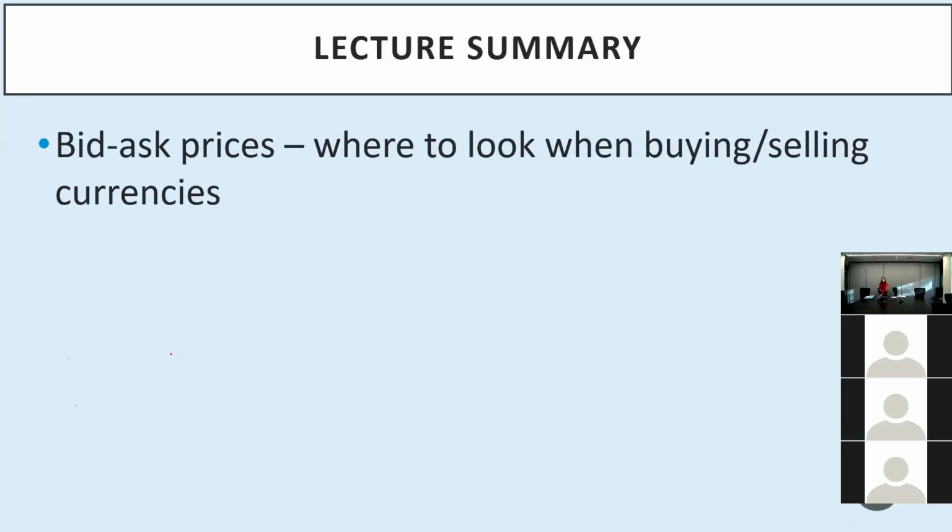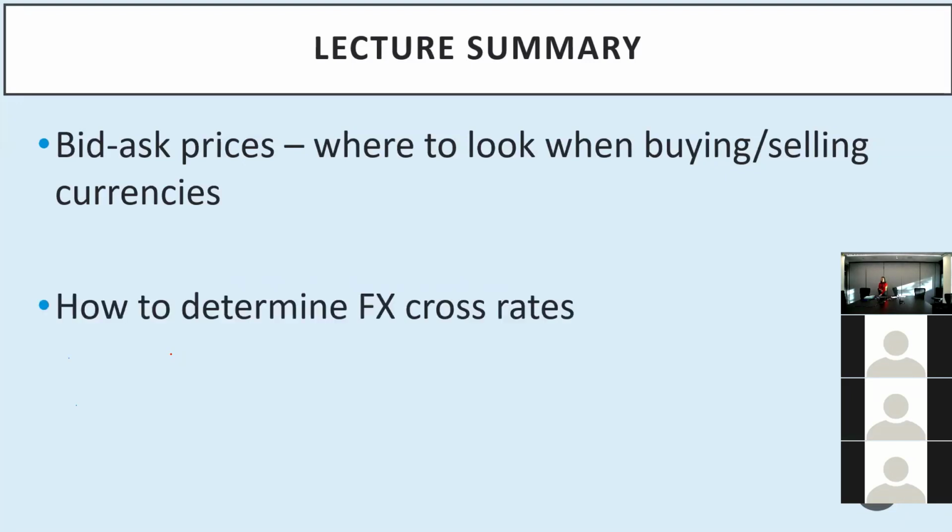So just to wrap up the lecture, today we have talked about the bid and ask prices. We introduced the bid and ask prices in the foreign exchange market. We also talked about how exchange rates are quoted and how we can calculate cross rates from different exchange rate pairs, right?